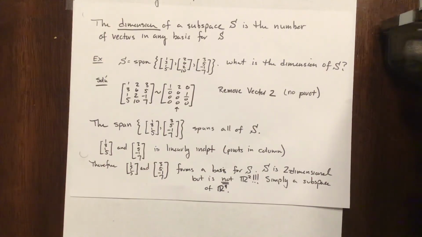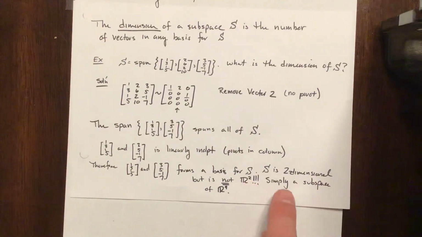But it's not R2. It's simply a subspace of R4. Just because the dimension of S is 2 doesn't mean that it's all of R2. It's only representing some subspace of R4.